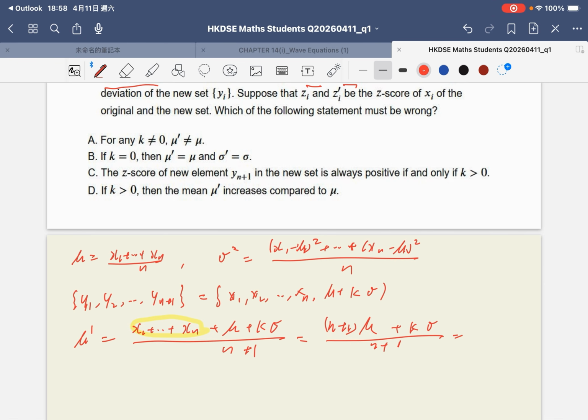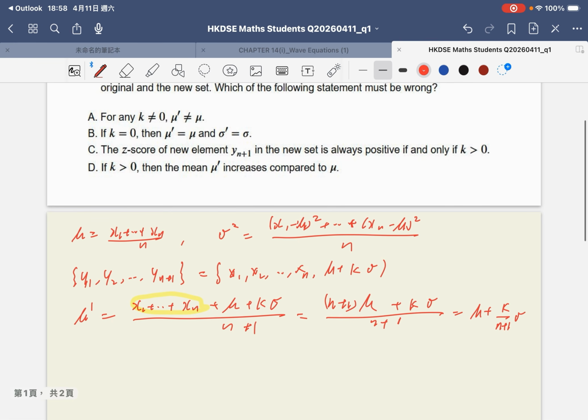One part is mu, plus k over n plus 1 sigma. From this we can see that if k is not equal to 0, these two means cannot be equal because there is an extra term here. Therefore, this is correct. And when k equals 0, this extra part is equal to 0, that means mu pi equals mu.